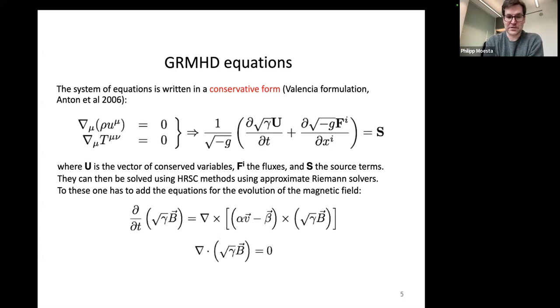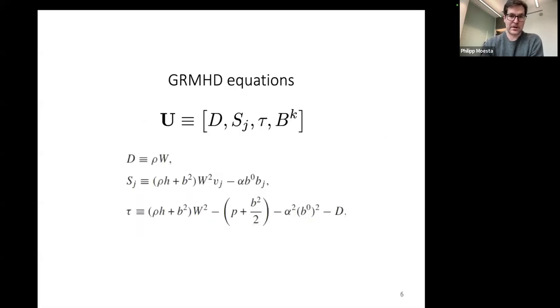And this is what you see in the bottom part of the slide. So we have the time evolution of the magnetic field equal to some fluxes and source terms on the right-hand side. In the way that's written here, the sources are actually zero, as you see by this equals zero. So this is the overall abstract system that we're dealing with, and we're going to go through this now in a bit more detail and figure out how we can go about solving these systems.